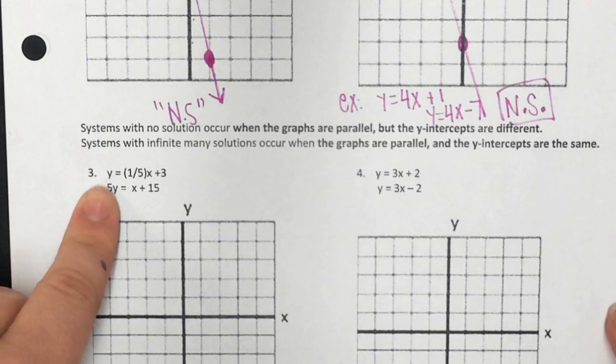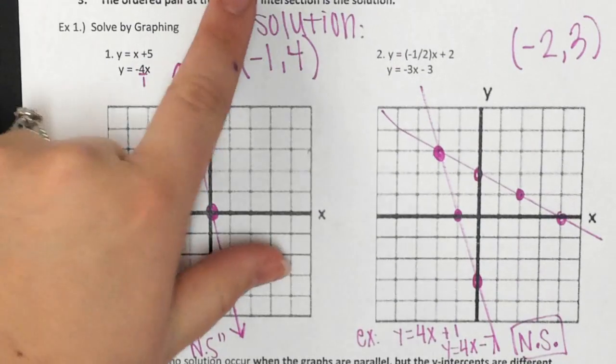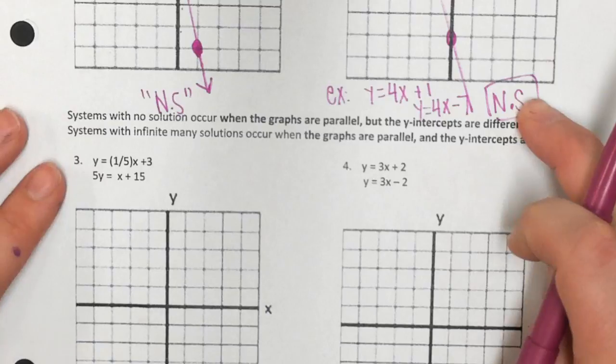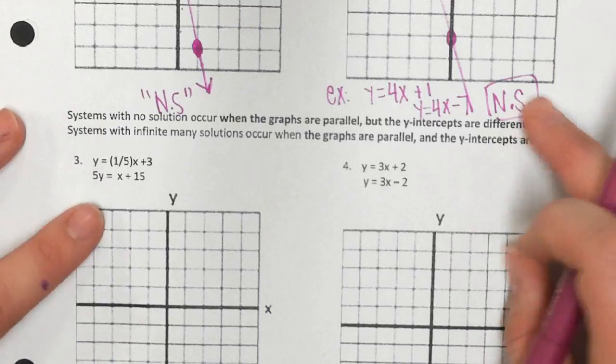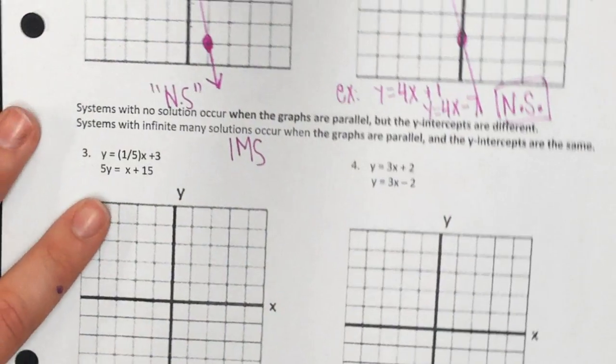Yes, they have to intersect at one point to have only one solution. There's another scenario. So there are three scenarios. They either have one solution, no solution, or infinitely many solutions. Remember when we called that IMS? Yes. Infinitely many solutions.